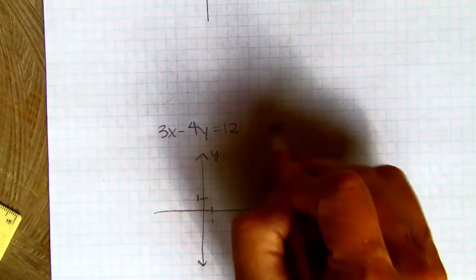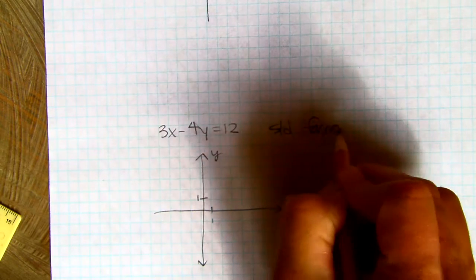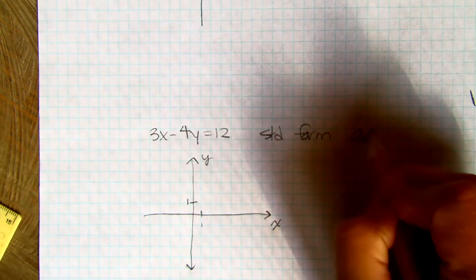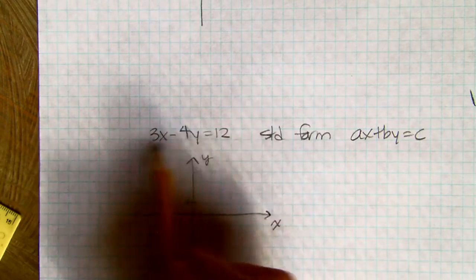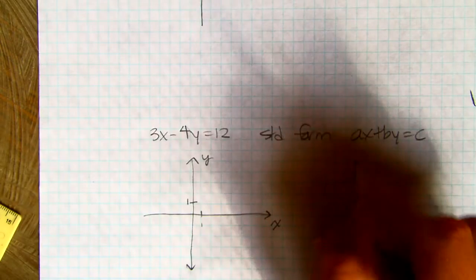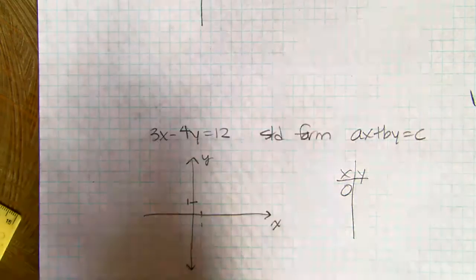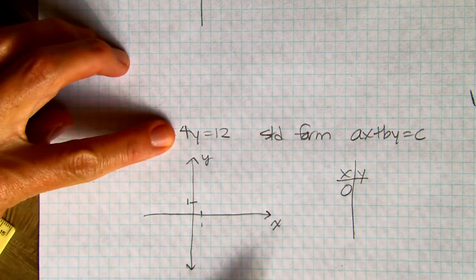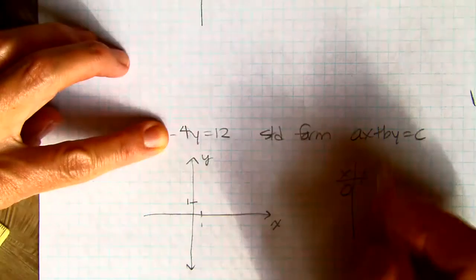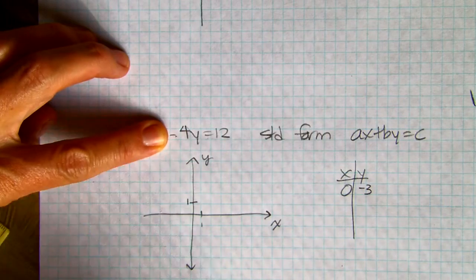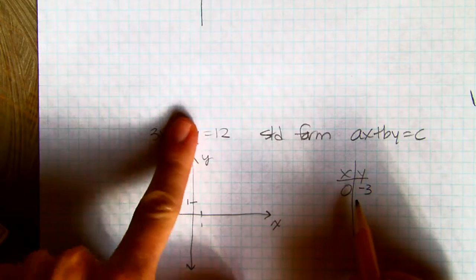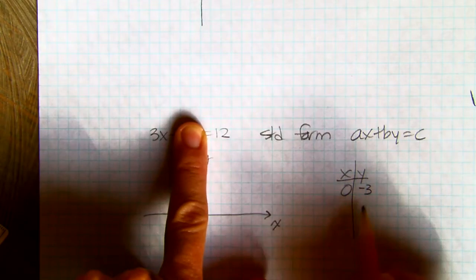And certainly if you're given standard form of a line, we call this ax plus by equals c, it's much easier to find the intercepts. So look, if I say x is 0, what's y going to have to be? Negative 3. Negative 4 times what is 12? Negative 3. Now I'm going to let y be equal to 0.